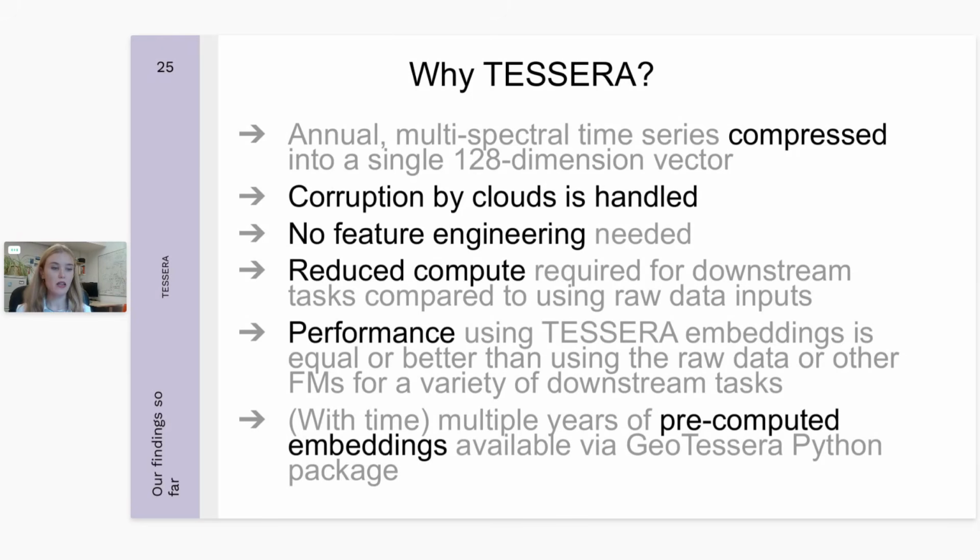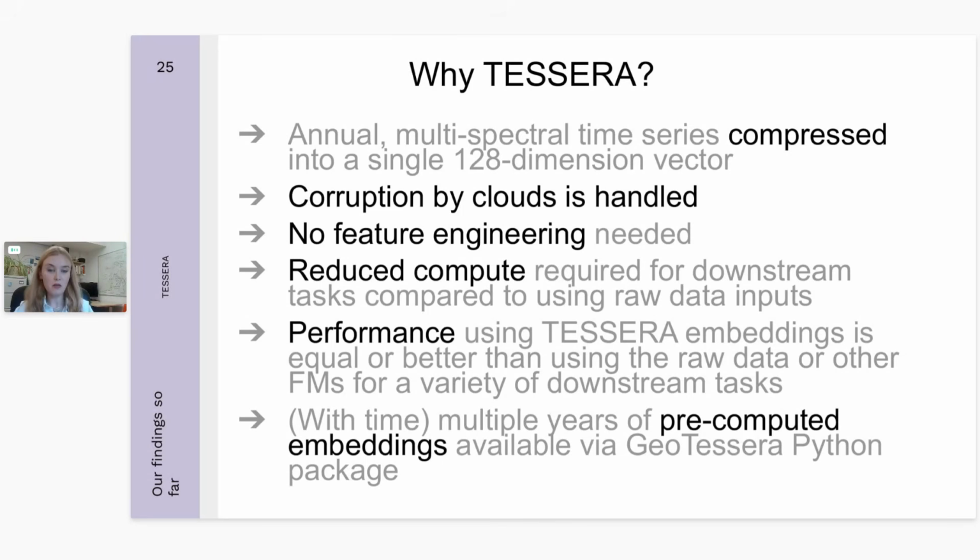So for many applications, as I'm sure many of you know, oftentimes we do some sort of statistics across our imagery to make it better prepared to use for our modeling cases. This is no longer needed. As I would say in American English, it's very plug and play. Besides this, and related especially to the dimensionality reduction, we need significantly less compute to do any sort of downstream task because we obviously are working with much smaller data.